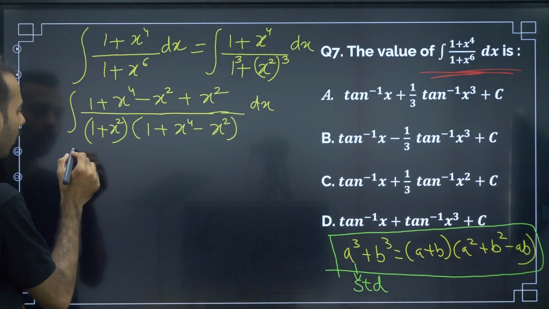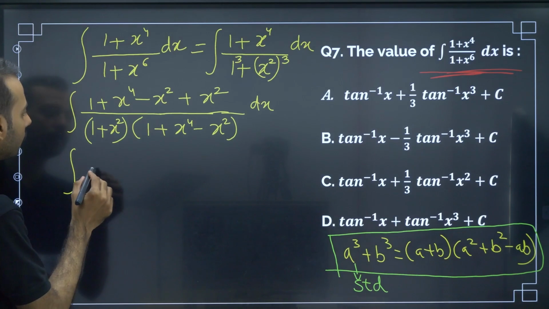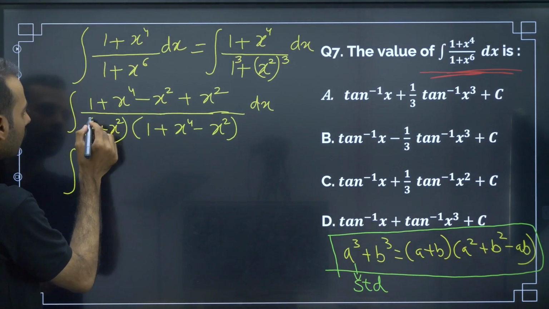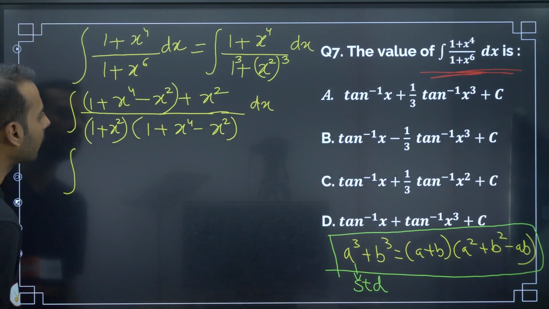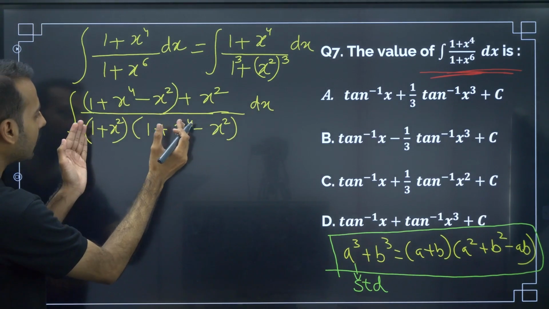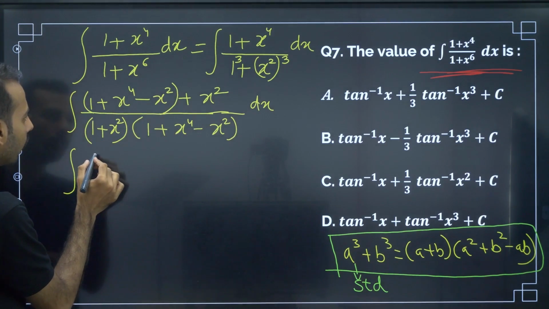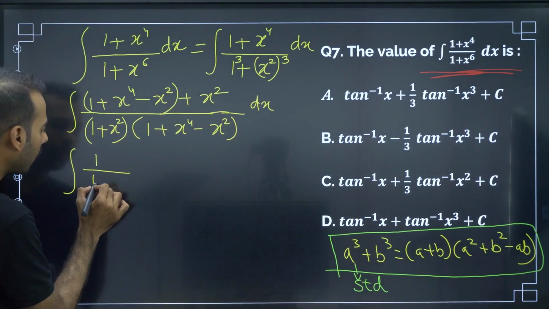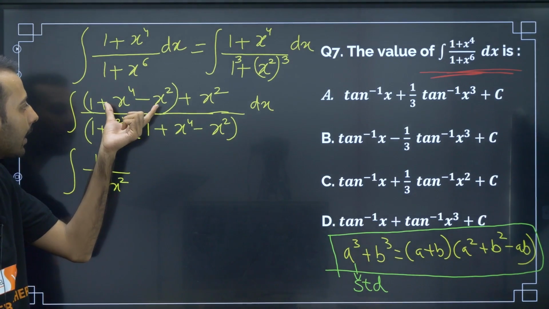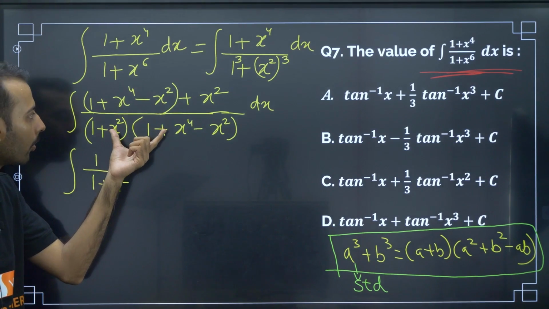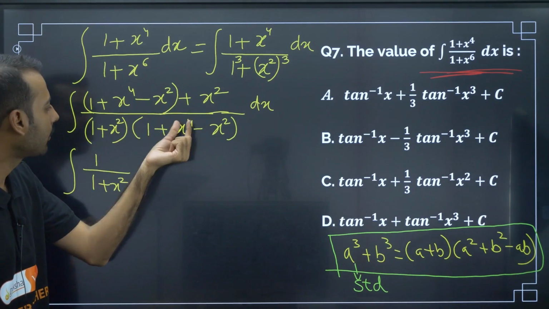Now integration of, see here, if I consider this as one term and this as second term, with this first term we are having this entire denominator. So with first term I am left with 1 by 1 plus x square. Once again I will repeat. See here, this entire first term by whole bracket, so this and this will get cancelled.